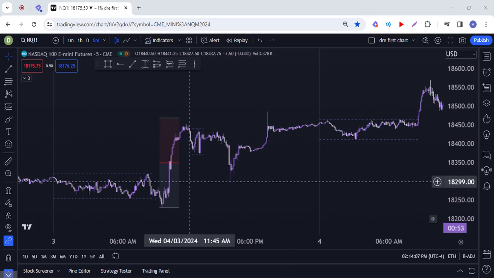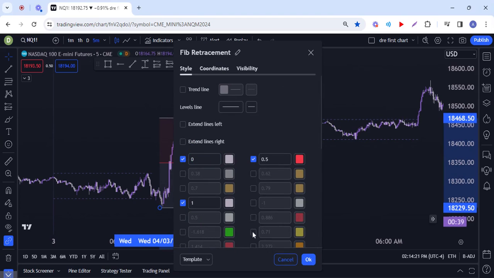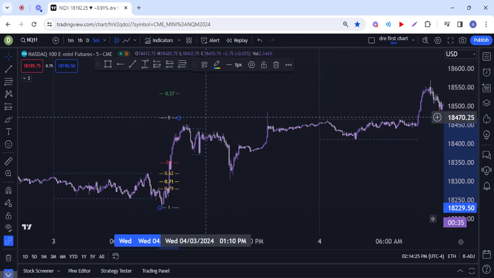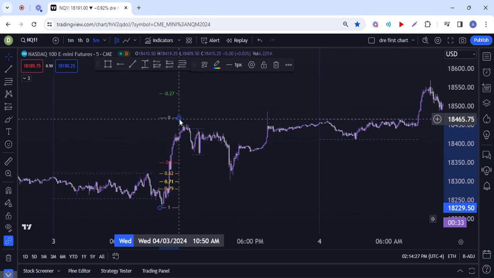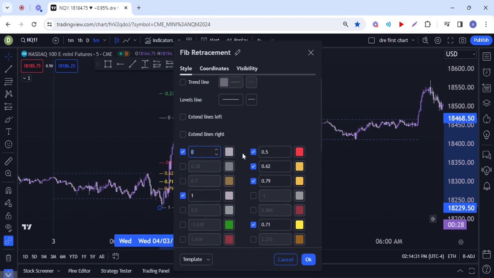Putting premium and discount in combination with OTE, we can start getting more sniper entries. To get the OTE settings as described by ICT himself, this is what your chart would look like for your Fibonacci retracement settings.